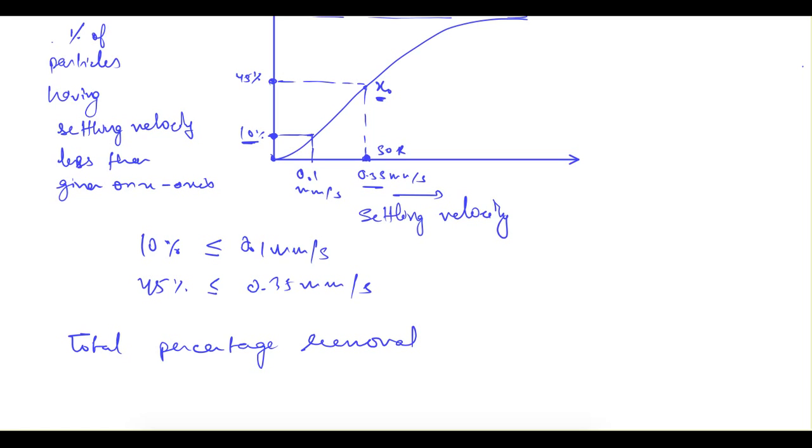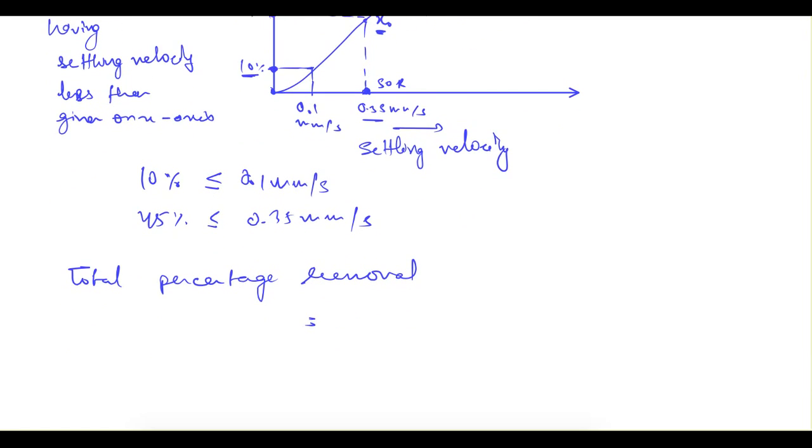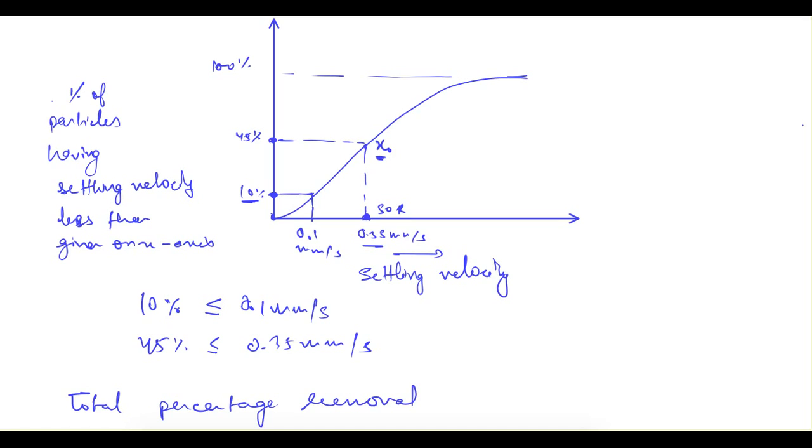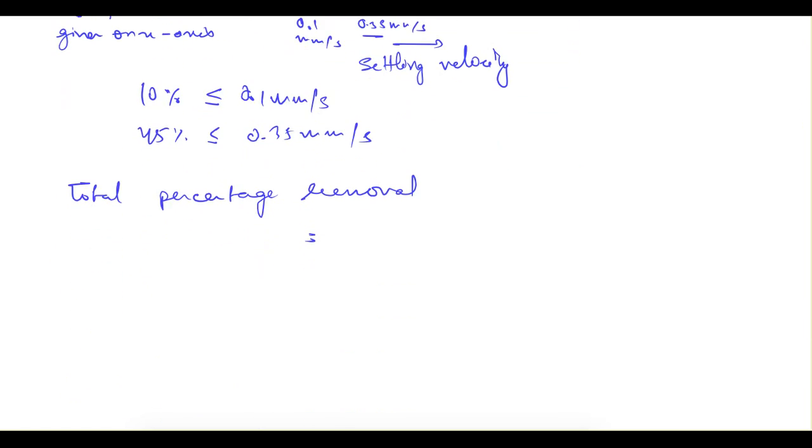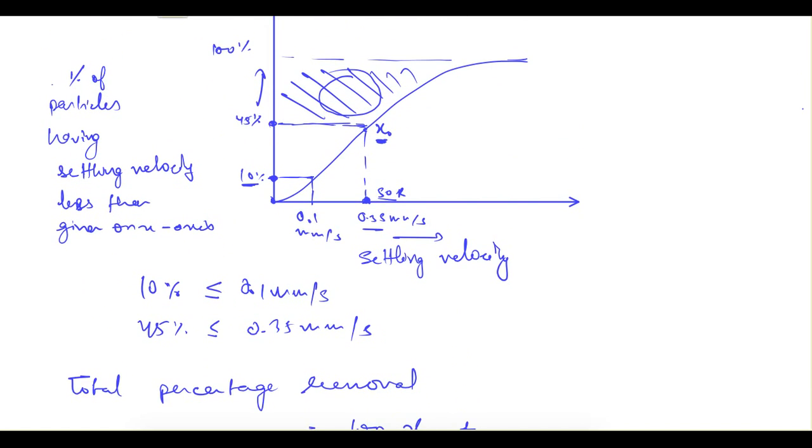So total percentage removal is given by integration. Here x naught is the percentage corresponding to the surface overflow rate. Above this surface overflow rate, for this upper part, these particles will settle completely. So 100 minus x naught will settle completely, and for this lower part these will settle in proportion to their velocities.